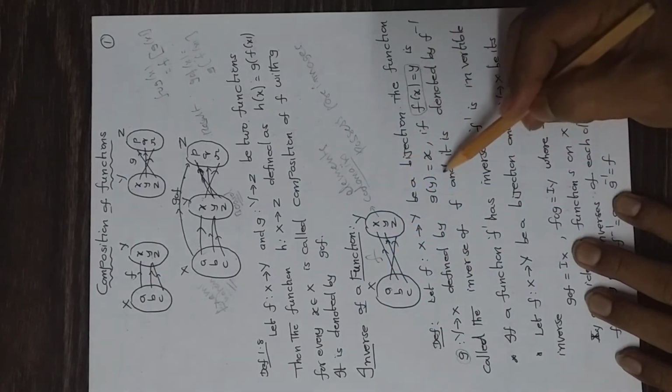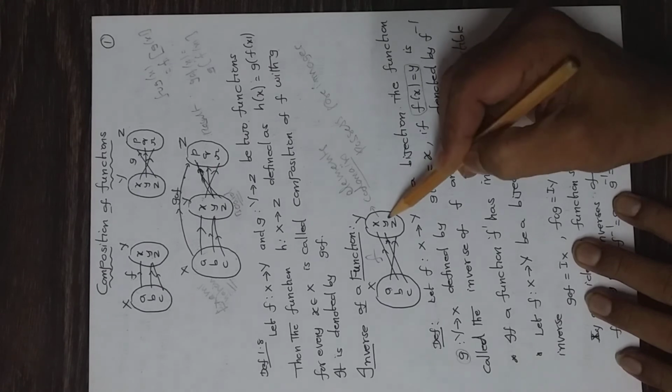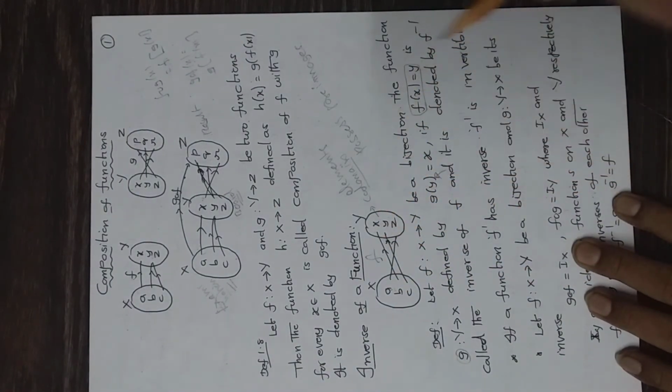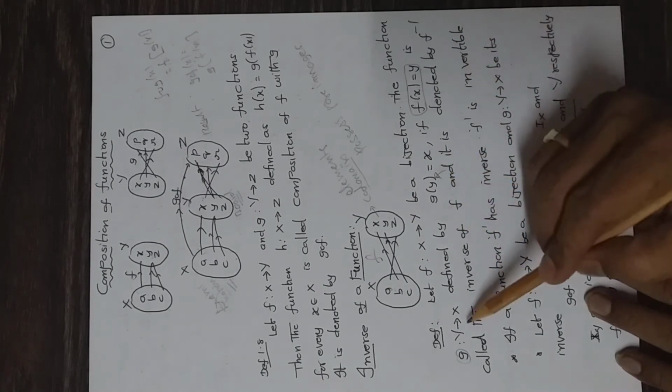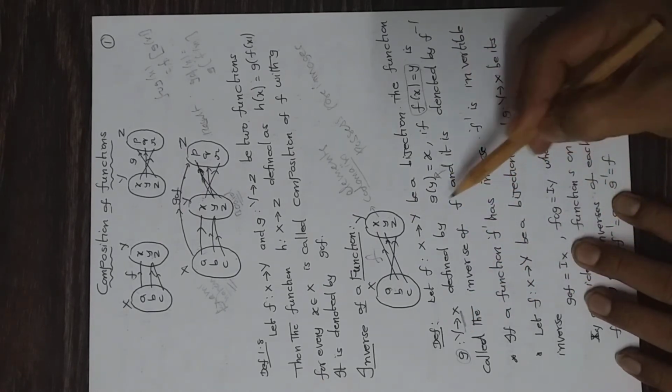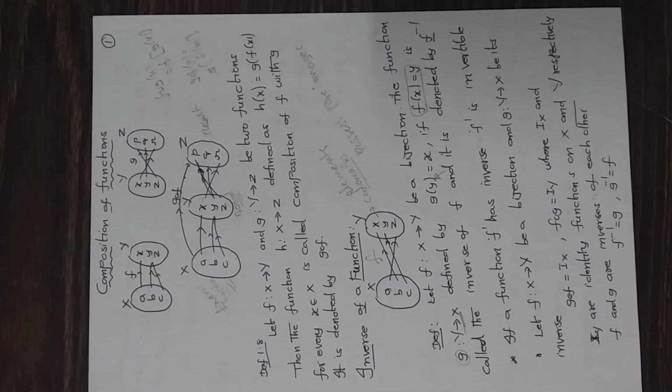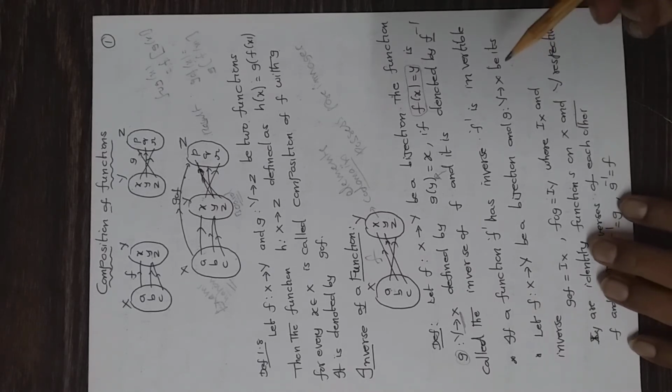You understand? g of y has input y, output x. This function is called the inverse of f, and it is denoted by f inverse. So f inverse is nothing but g of y. So in this case we can tell that both the functions are invertible functions.